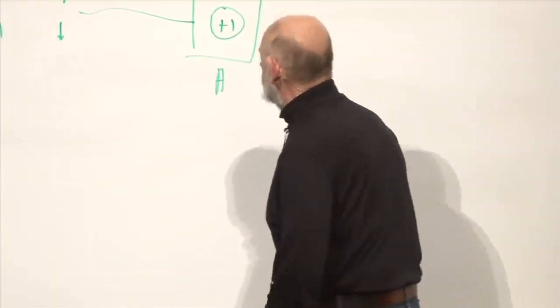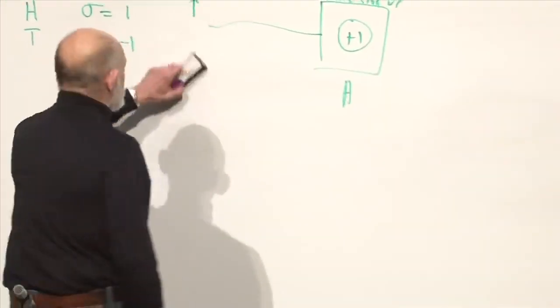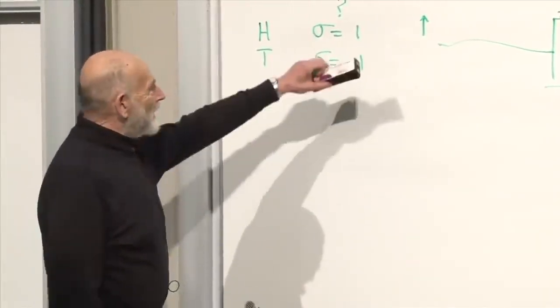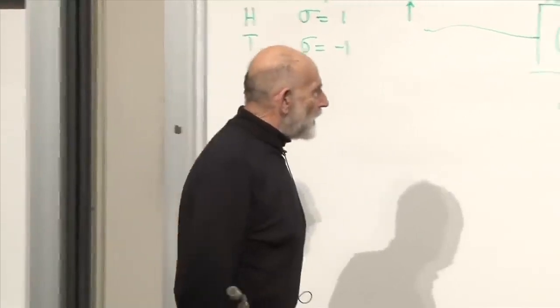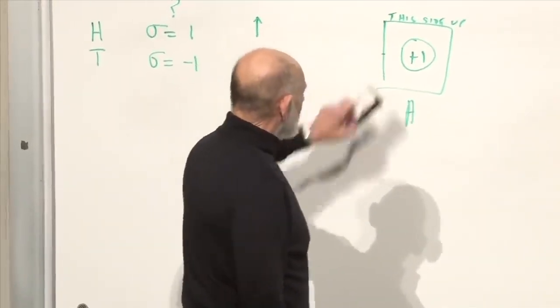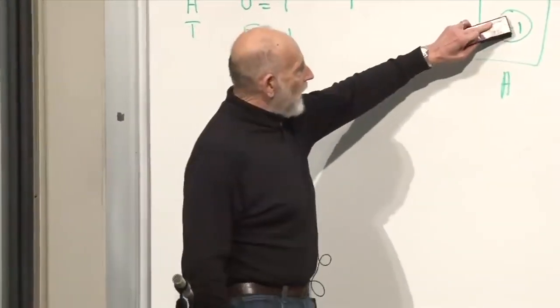Here's the idea. Supposing we in fact do measure sigma to be +1. Supposing that's the outcome of the experiment, then we can erase the one that it wasn't and start over, and then say let's back off, reset the apparatus.